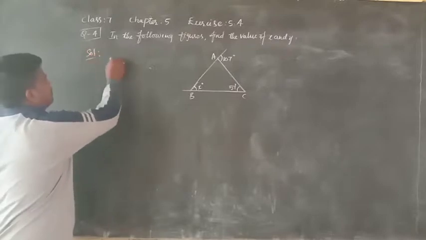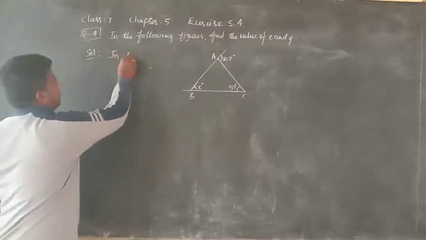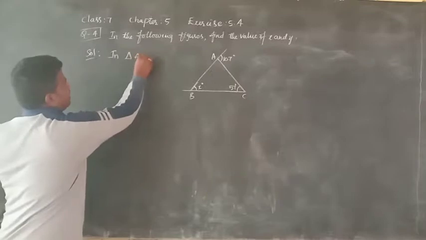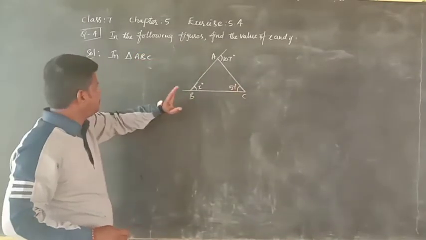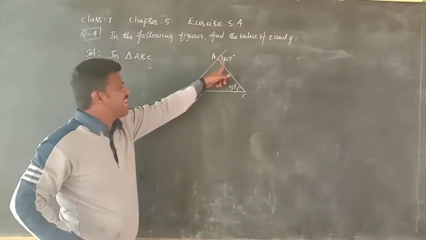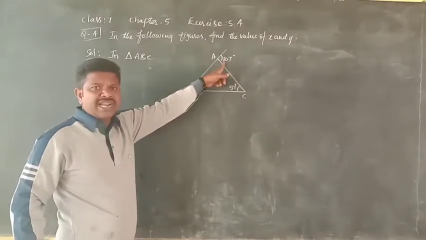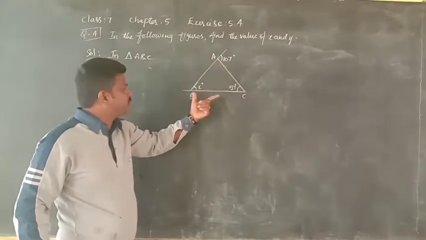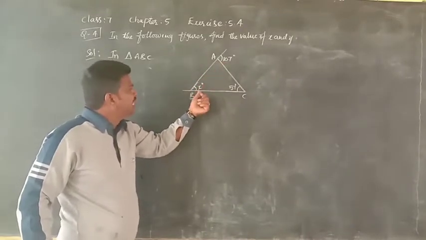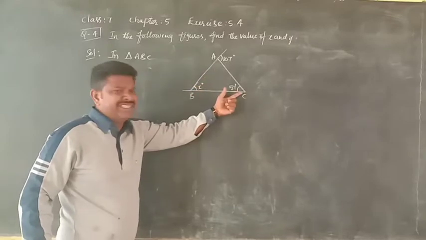Solution: in triangle ABC, the exterior angle is equal to 107 degrees. So this 107 degrees is equal to the sum of the opposite interior angles.